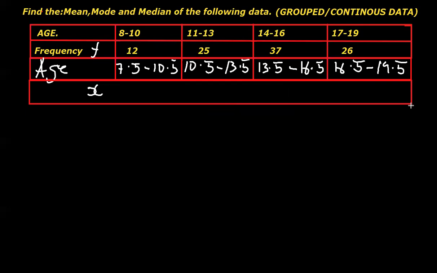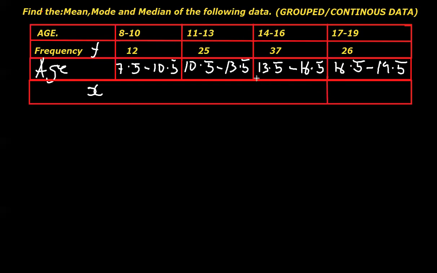There are two types of data, as you might have known: discrete data and continuous data. For continuous data, we don't have definite values. We have a range of values through which the data exists. That is continuous data. And you can see we have a group.